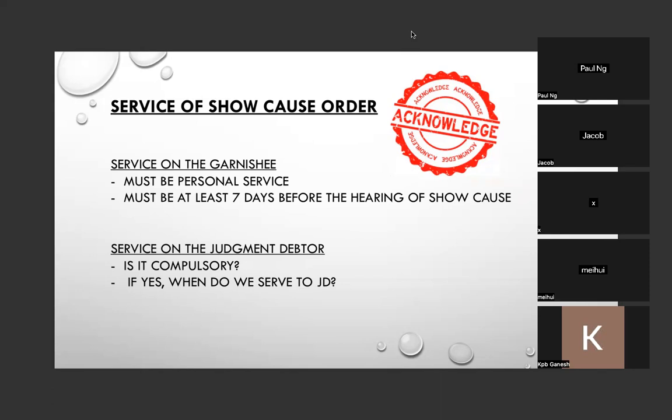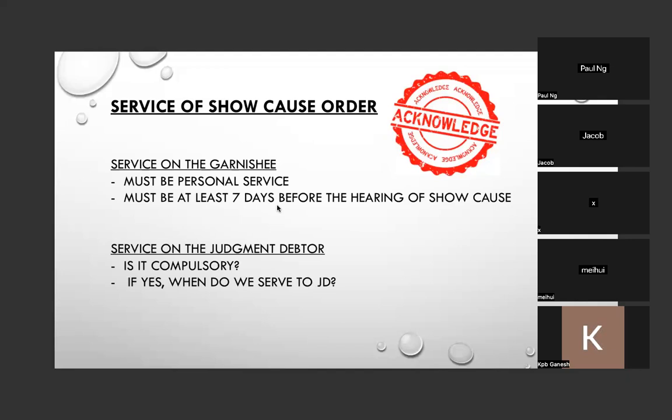So back to our question, when you have a final judgment, the defendant is there. When you serve the show cause order, who should you serve first? At the same time or how? In practice, what we do is we serve the show cause order first to the garnishee.